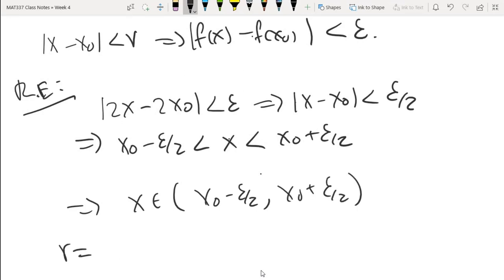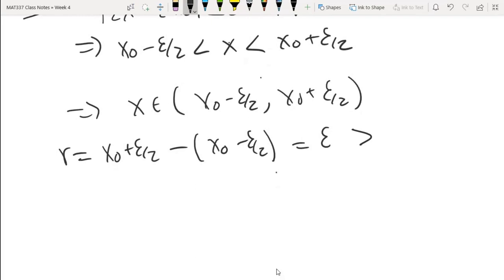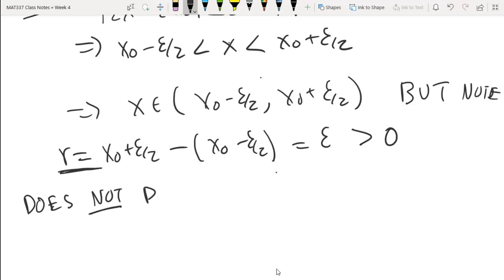But note that the difference does not depend. So, but note, R does not depend on x naught.